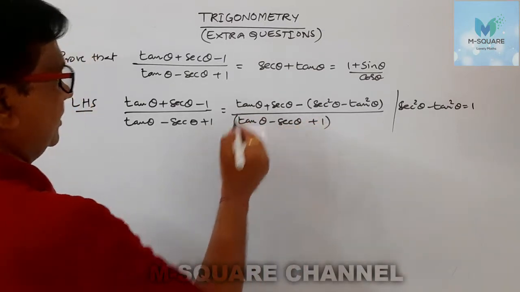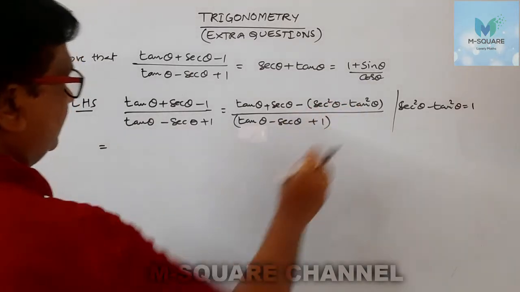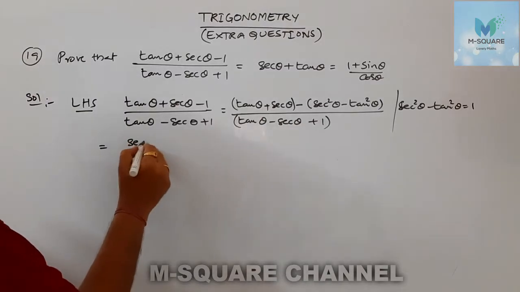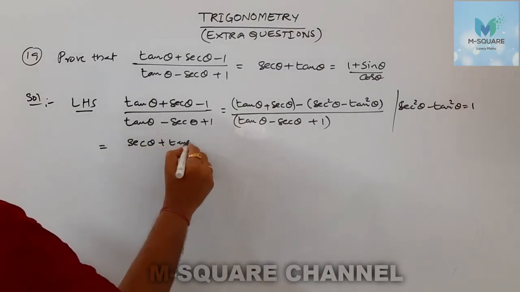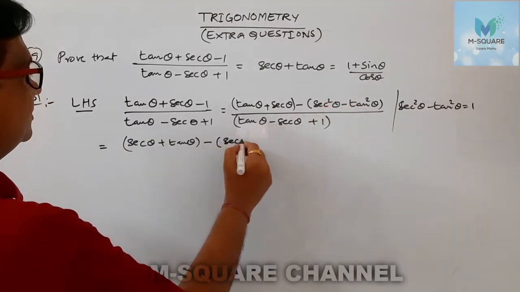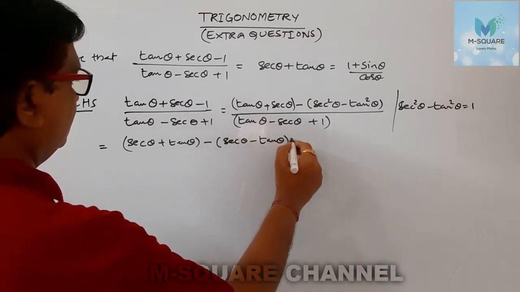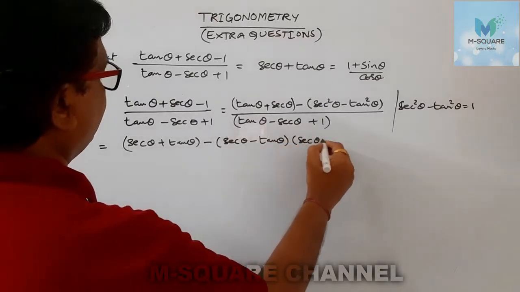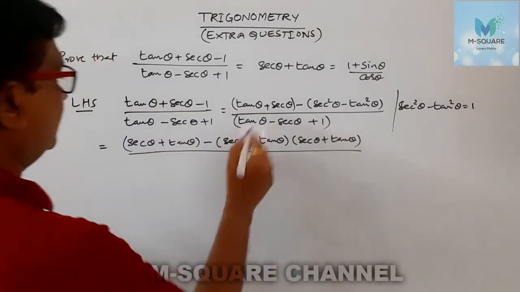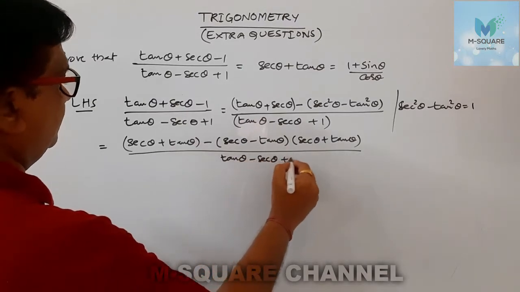This is the denominator. Now this is a square minus b square form. You can rewrite this one also: secant theta plus tan theta minus this a square minus b square, secant theta minus tan theta into secant theta plus tan theta, whole by this denominator, tan theta minus secant theta plus 1.